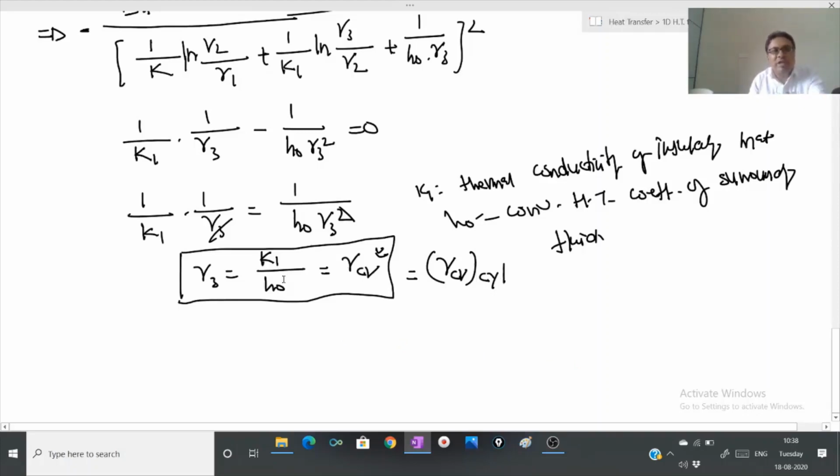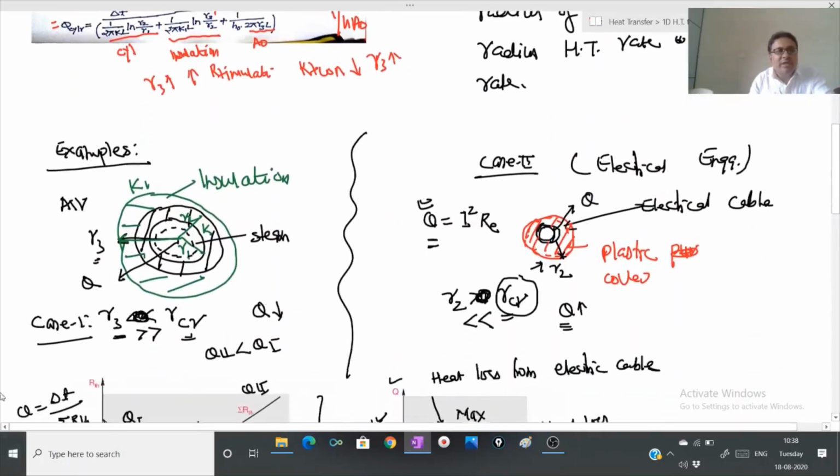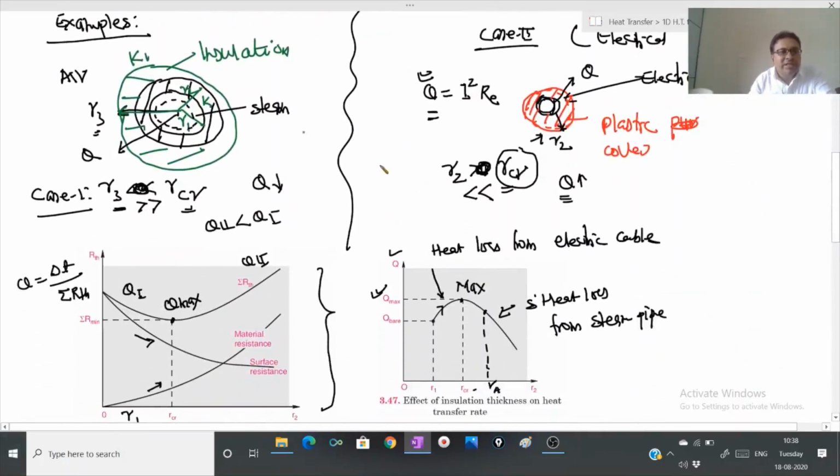So let us get back to our discussion. Case 1 and case 2. In this case, I want the heat transfer rate decreasing. The value of R3 must be greater than k1 upon h0, where the thermal conductivity of insulating material is k1 and the outer heat transfer coefficient is h0.